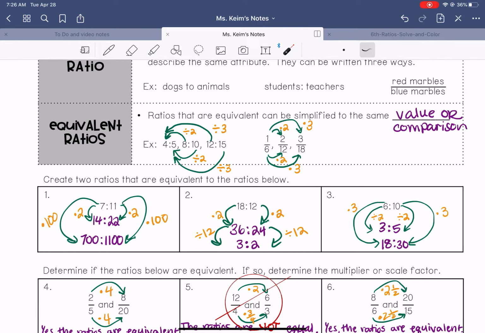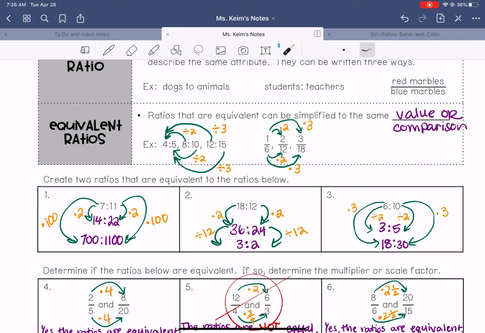They all represent the relationship of 4 for every 5. We can check that by making sure we can simplify these to 4 to 5. So 8 to 10, if we divide both values by 2, we get back to 4 to 5. If we look at 12 to 15, if we divide both values by 3, we get back to 4 to 5. Okay?